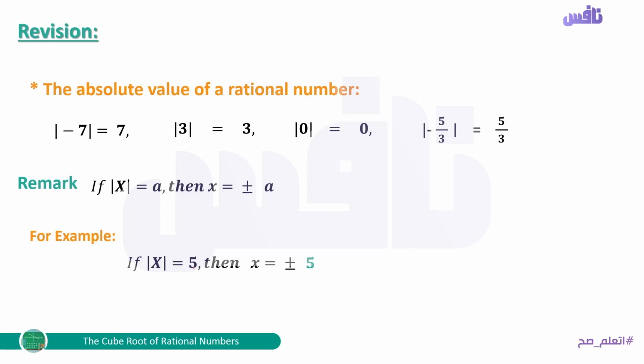If the value inside the absolute is -5, absolute -5 also equals 5. So if absolute x equals 5, x may be 5 or -5. Another example, if absolute x equals 2, then the value inside the absolute may be +2 or -2. So we write x equals positive or -2. Okay?